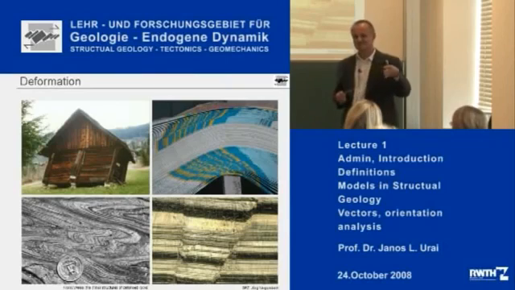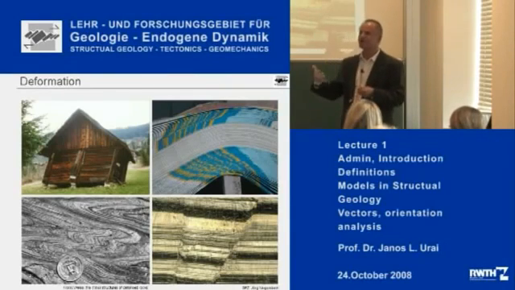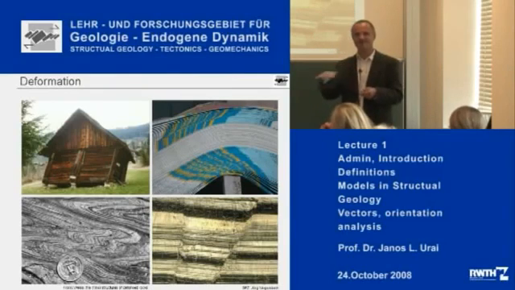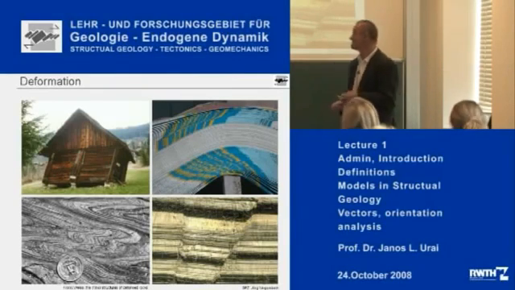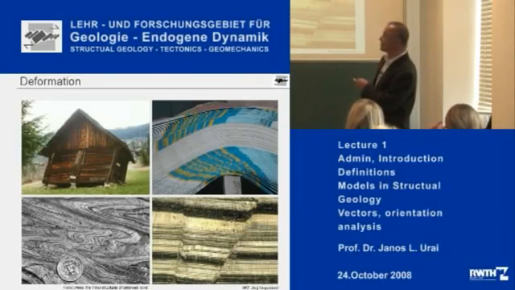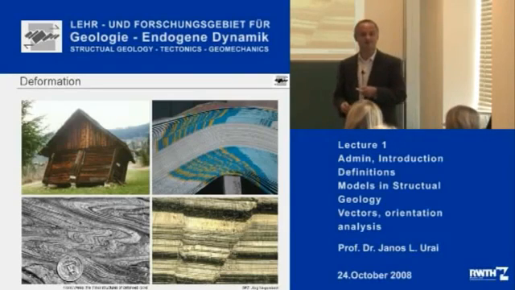Many times we are looking at deformed rocks and we make some kind of an idea of how it was before. It was maybe layered, or it was a granite, or something else.